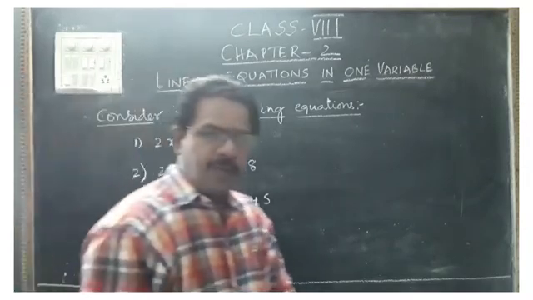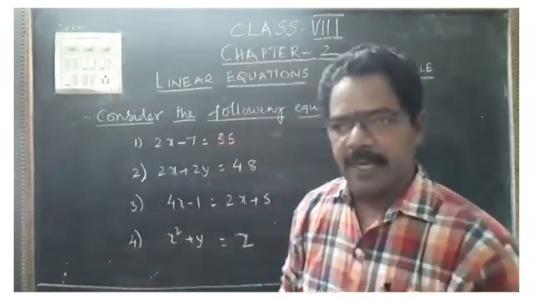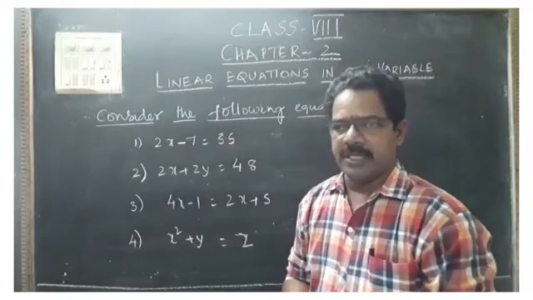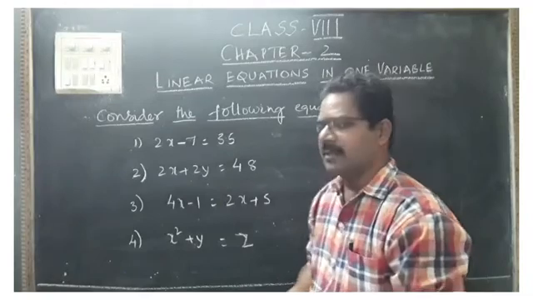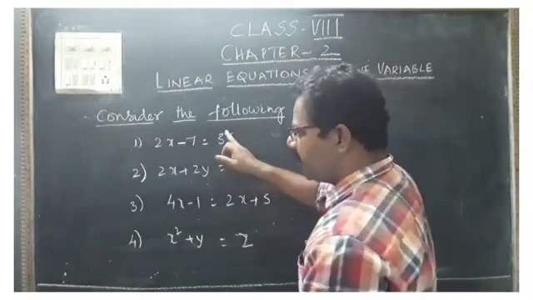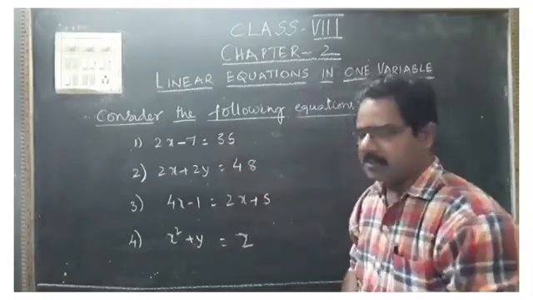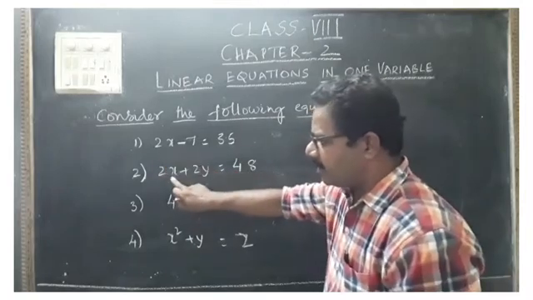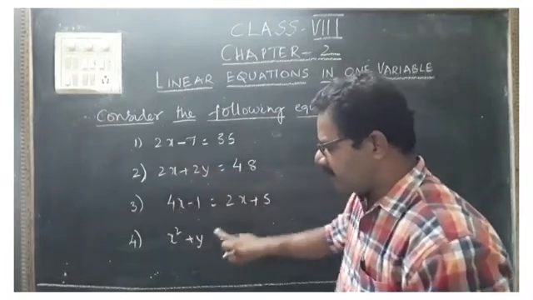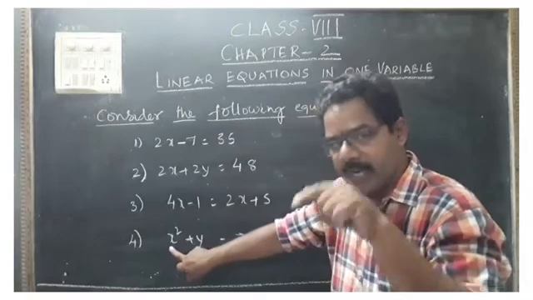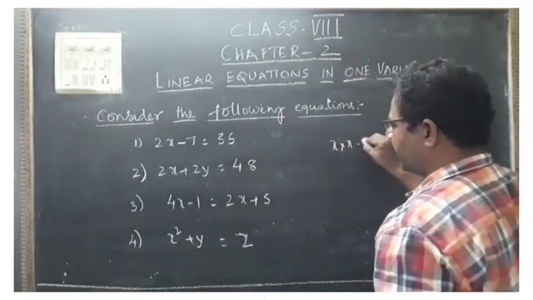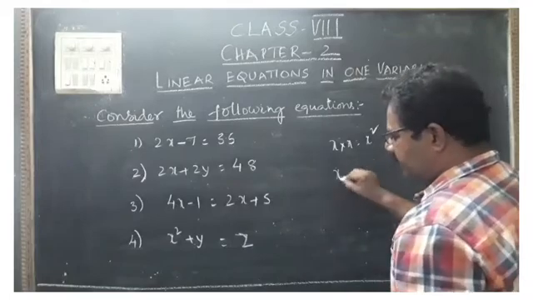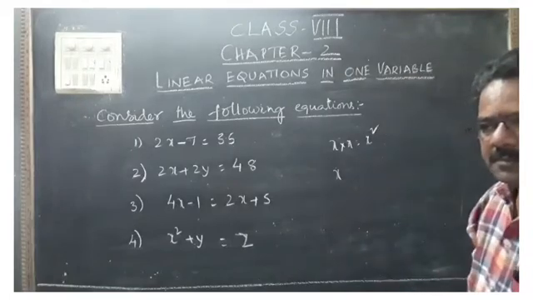But here we want to know what is meant by a linear equation. If you observe all these, x is there, x and y are there, x is there, x square is there. x square is nothing but x multiplied with x.